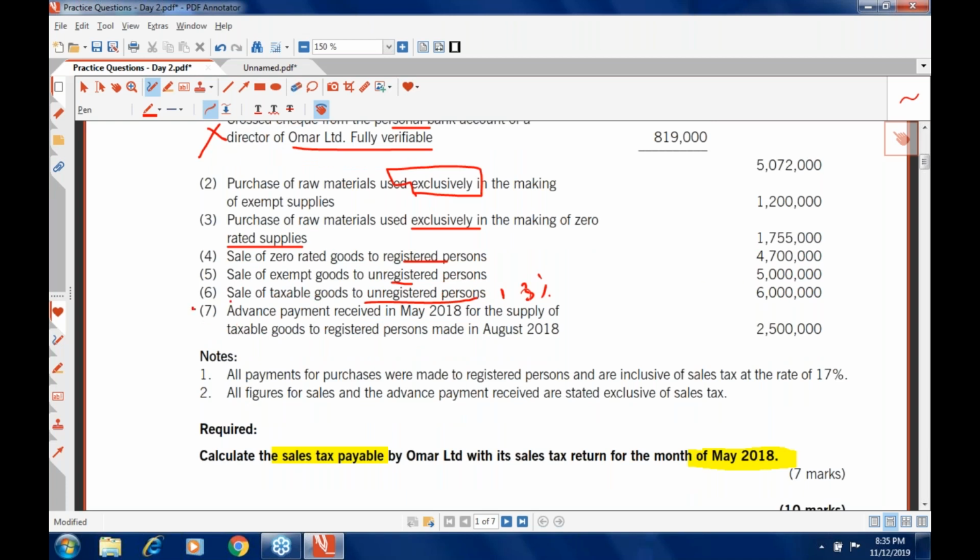Now lastly, it says advance payment received in May 18 for supply of taxable goods to registered person made in August 18.